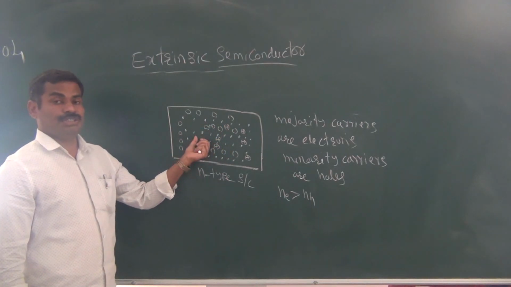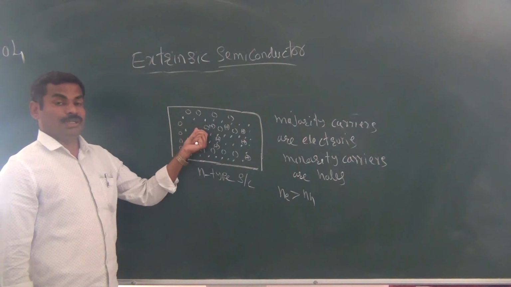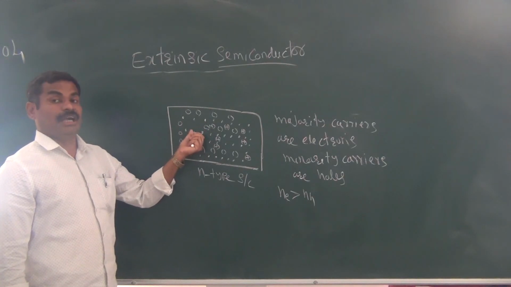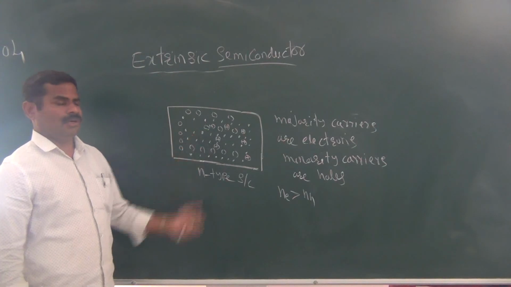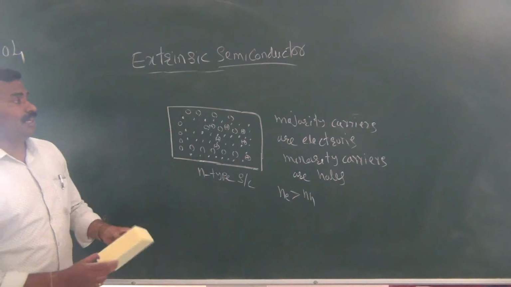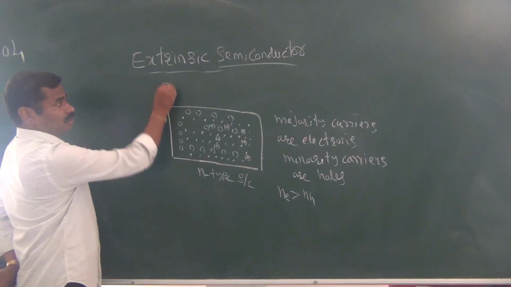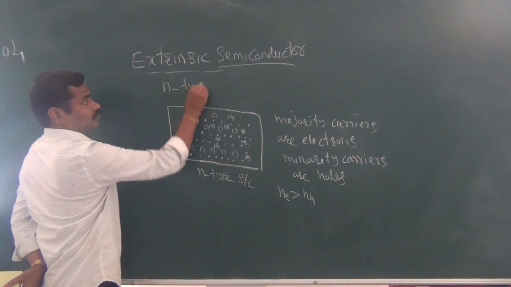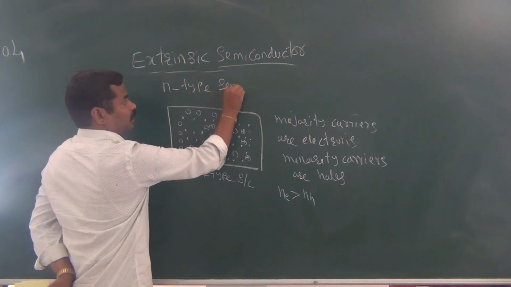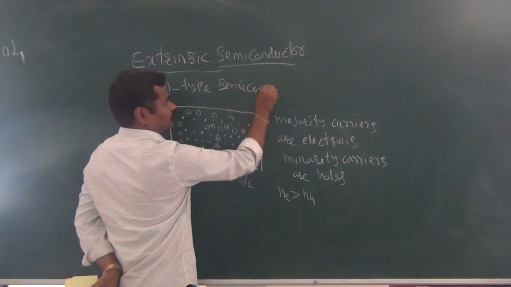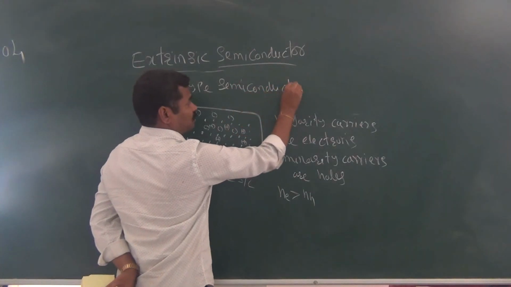Why are they positive ions? Because the added impurity, phosphorus or arsenic, gives up one electron and acts as a positive ion. And why is it called n-type semiconductor? Why are they not given other names?